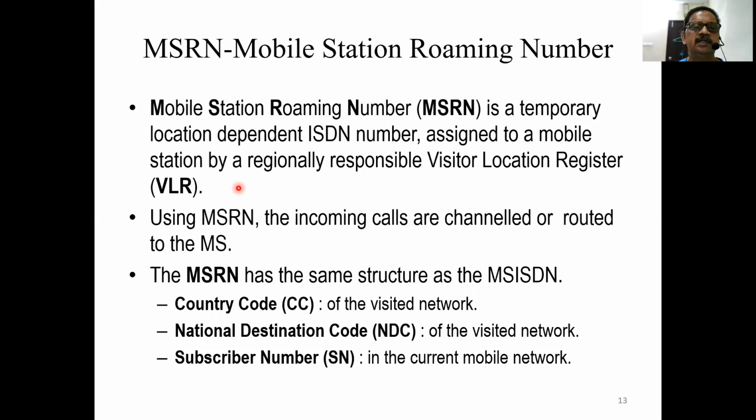It is nothing but your MSISDN, but it varies depending upon your visitor location. For example, you are in Andhra Pradesh and have taken a service connection from one of the operators there, so you are given one number.